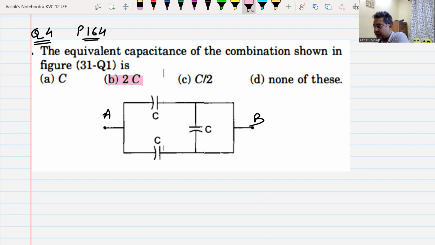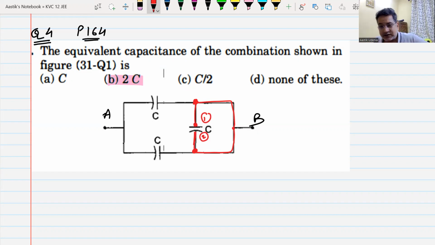Now see, what do we see here? This point and this point are actually connected to point B. So basically what is happening here is both the plates of the capacitor, plate number 1 and plate number 2, are effectively connected to each other.